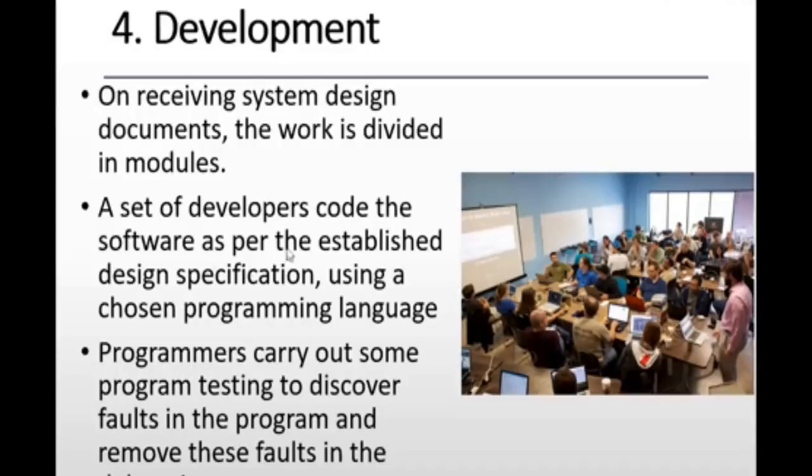In any company, when it comes to developing a banking system for Sampath Bank, there can be a team of developers. Among the team, they divide the components of the system, and the developers are coding, programming and implementing the system according to the specification, the SRS and DSD, the design specification document or software design specification.